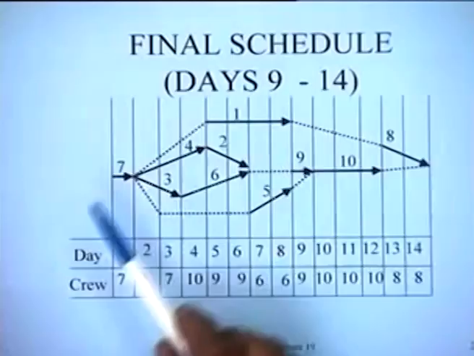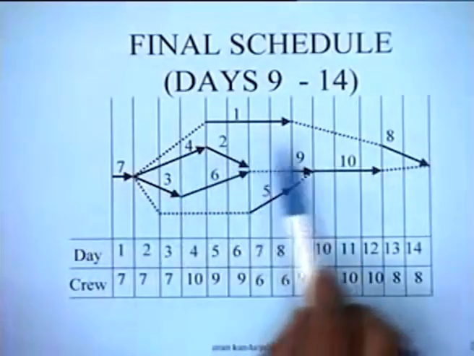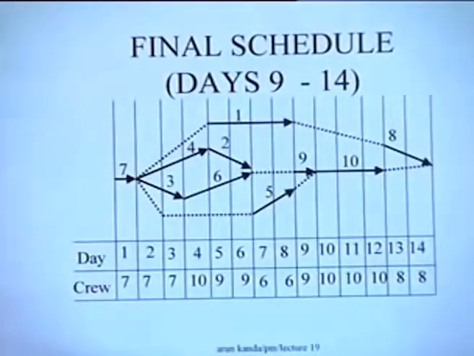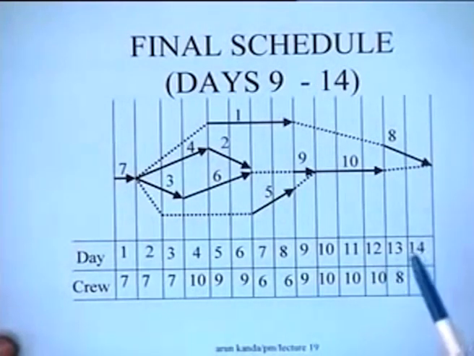Now, if you look at this schedule, this is the final optimal solution. You will notice some very interesting properties of this particular solution. First thing is, if you recall, that the notion of the critical path vanishes. Isn't this something very surprising?